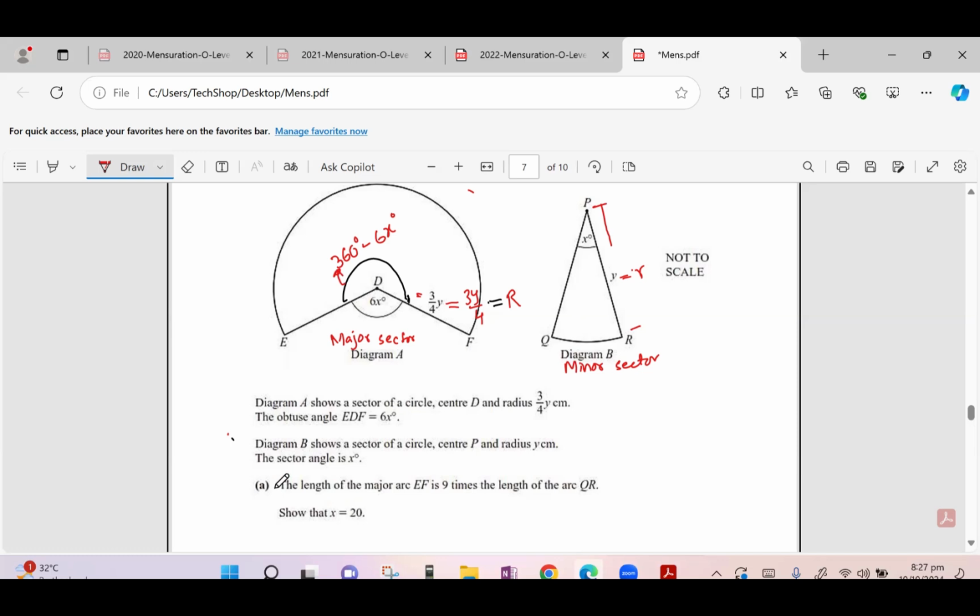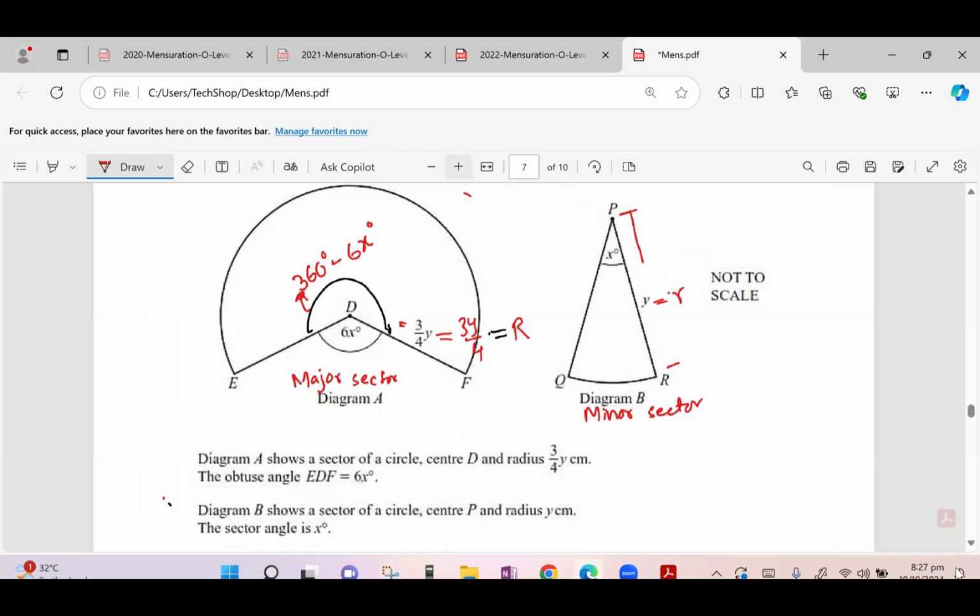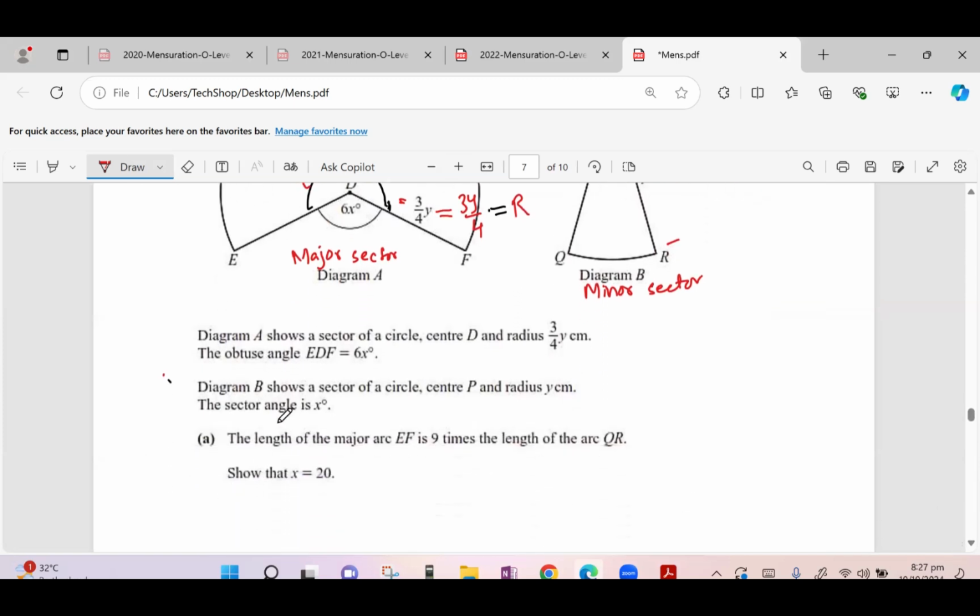And with the help of the information in part A, the length of the major arc EF is 9 times the length of the arc QR. So you have to recognize what is EF in the diagram and what is QR in the diagram.